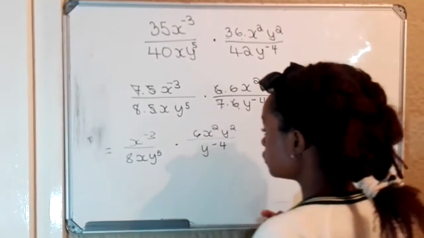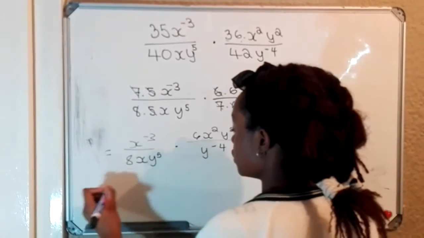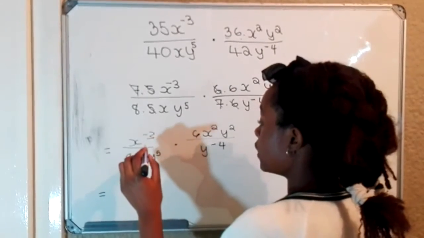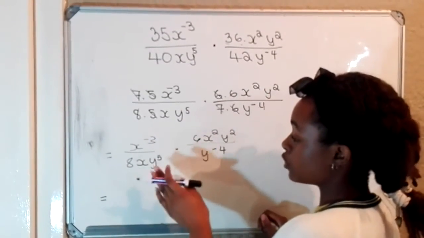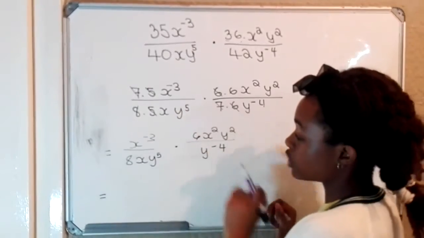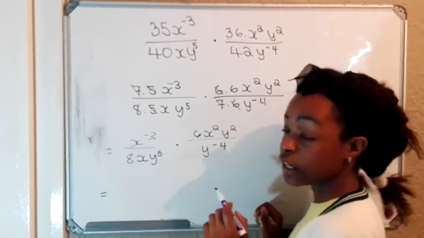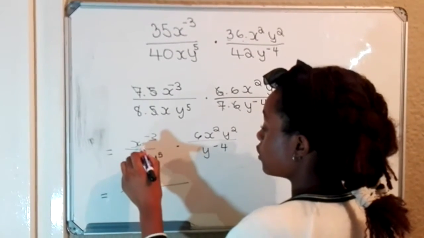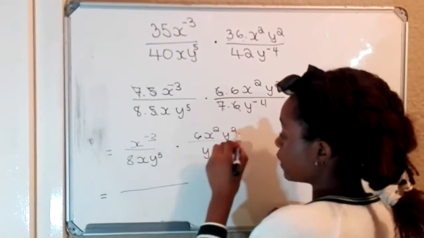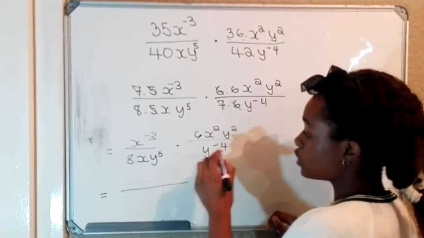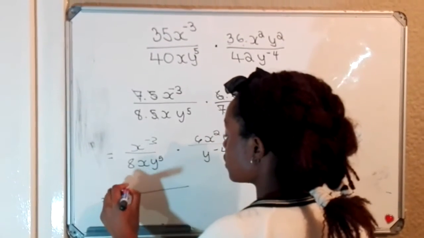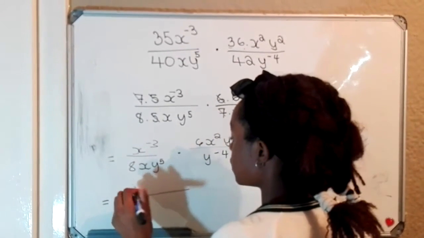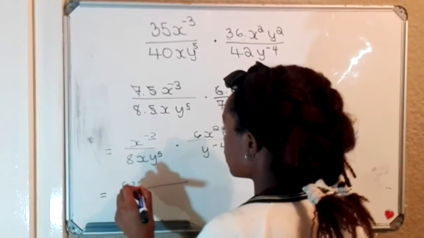Okay, and so let me write this over here. Now it's up to you what you want to do, if you want to change everything or just cross multiply. I'm going to cross multiply so that I can simplify later. So y to the negative 3 I'm going to multiply by 6x squared y squared.